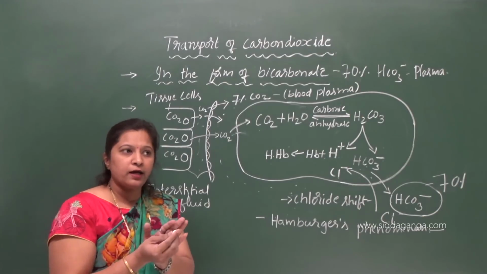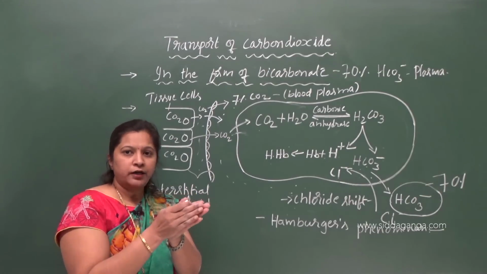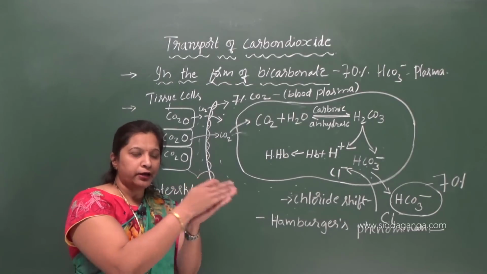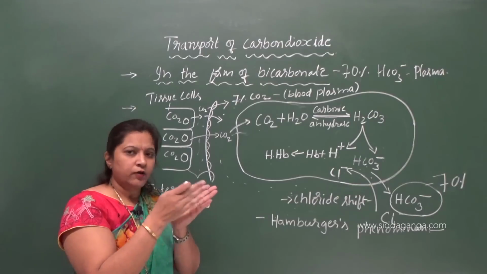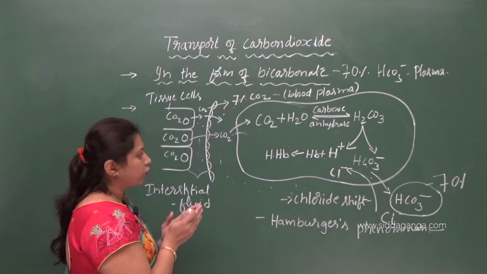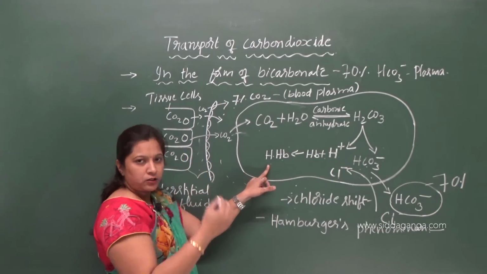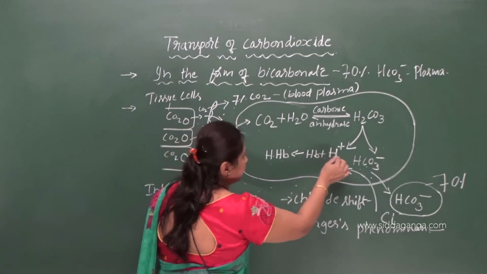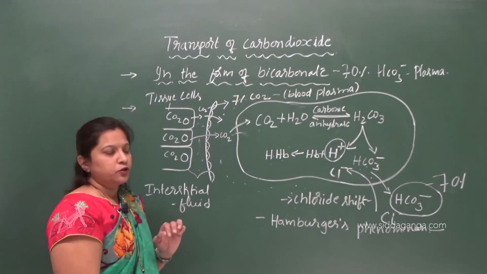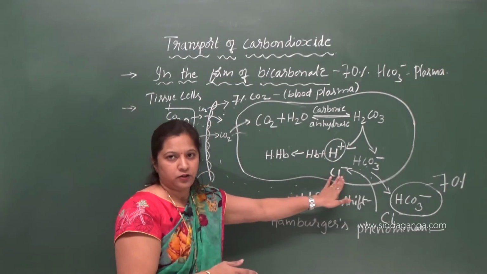So at the alveolar side, because of the high partial pressure of oxygen, the affinity of hemoglobin for oxygen increases, so the hemoglobin will bind to the oxygen to form oxyhemoglobin, and it releases again what? The H plus ions, hydrogen ions. So it binds with the oxygen and releases hydrogen ions.